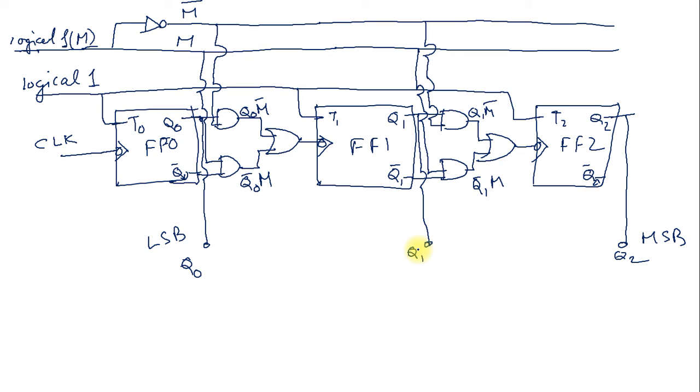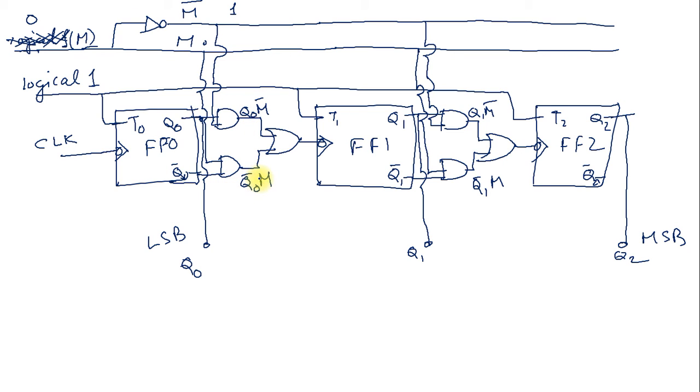Now I am providing 0 to M, so M equals 0 and M complement should be 1. Any input of an AND gate being 0 makes the output 0.